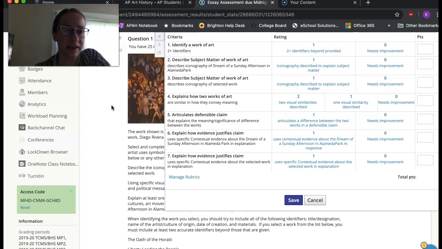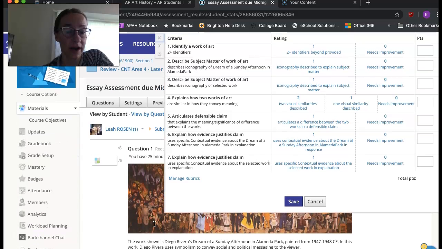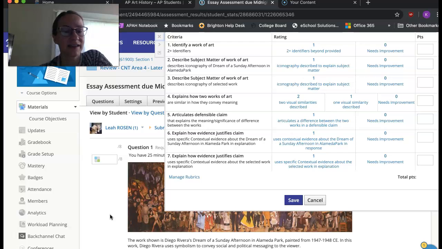And the way that these convey separate messages is that Jacob Lawrence's piece really wanted to get rid of all of the clutter, so the message was very, very clear about the feeling, this stark feeling of segregation at the time. Whereas Diego Rivera's piece is covering a much larger length of time, showing the richness in the culture, and also showing lots of different pieces and elements of the history.